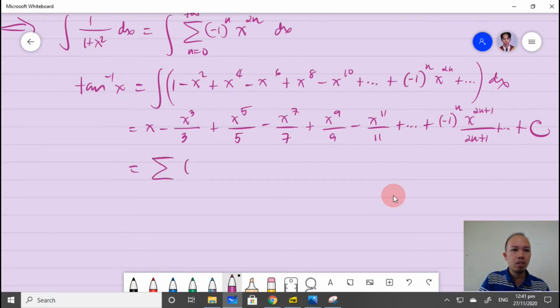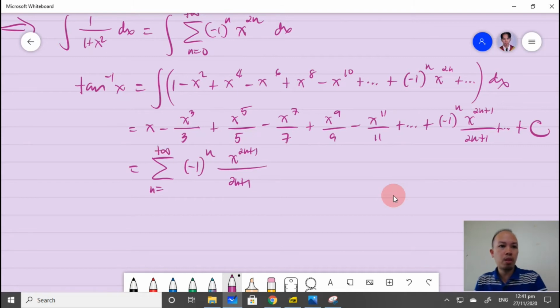This is negative 1 to the n, and the n term is x to the 2n plus 1 over 2n plus 1, where n starts from what?